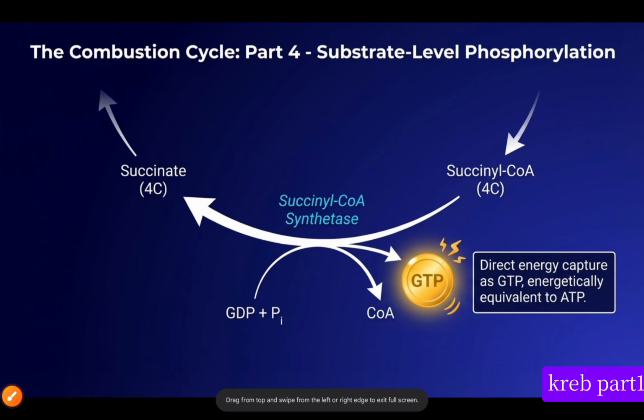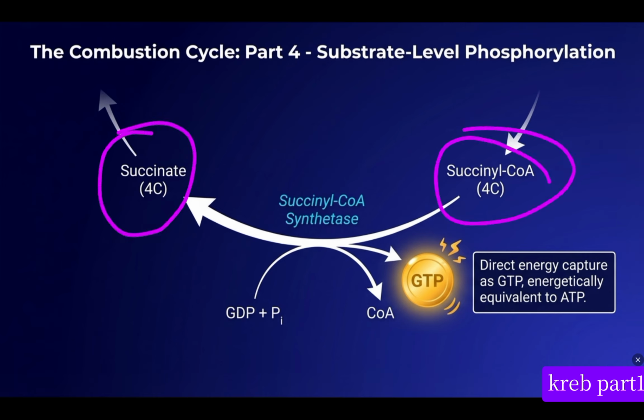We now have from succinyl-CoA to succinate. So from succinyl-CoA, we now have what? Succinate. And it is done by succinyl-CoA synthetase. Succinyl-CoA synthetase converts succinyl-CoA to succinate by converting GDP to GTP.